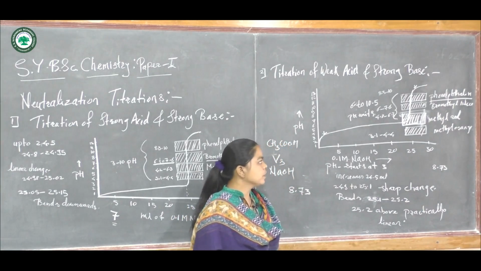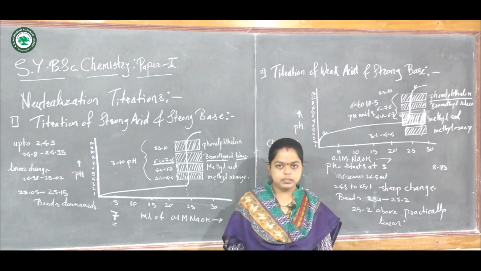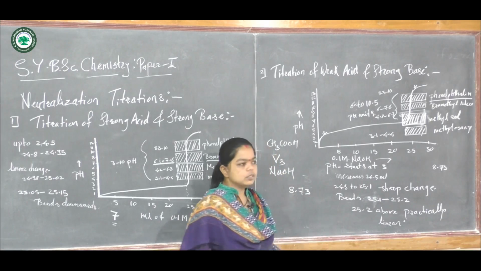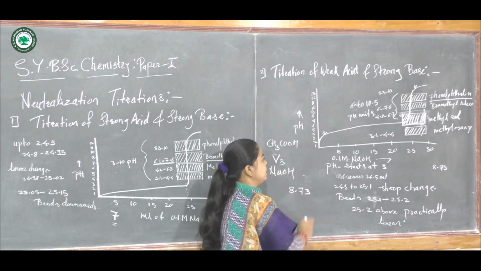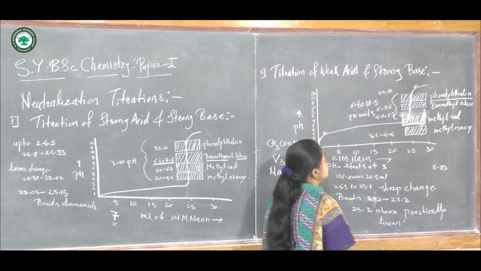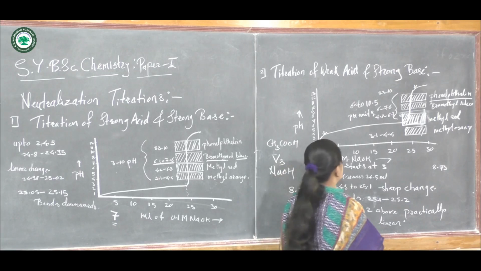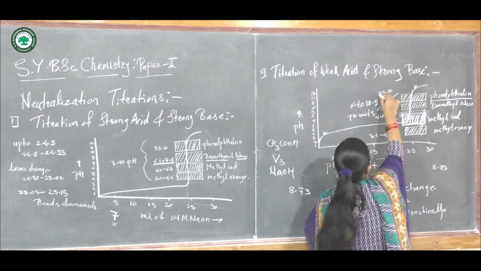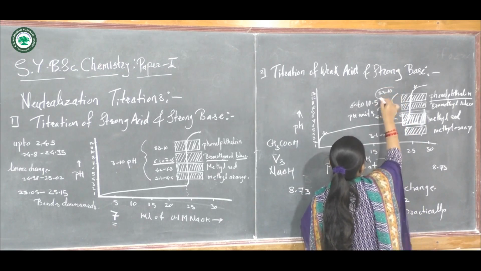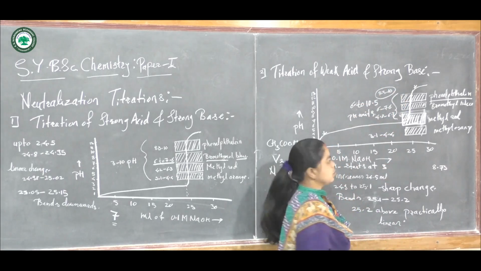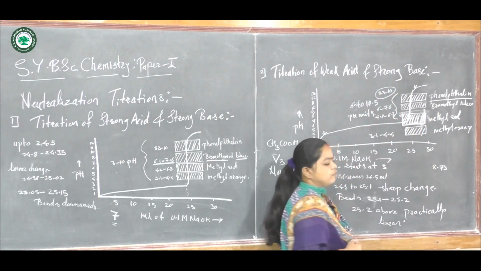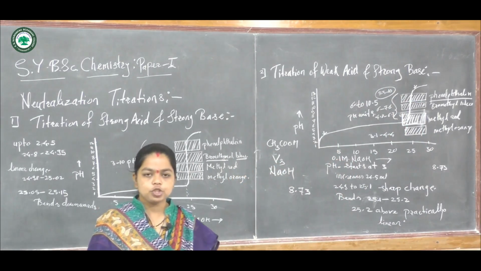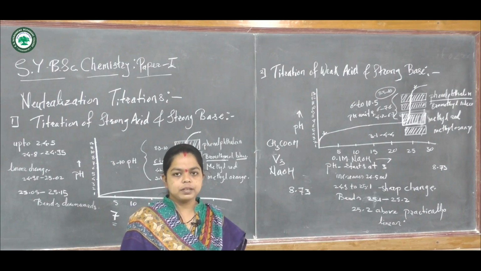But if we want to choose the best indicator for this titration, the exact pH value is 8.73, which comes under the pH range of phenolphthalein. So phenolphthalein is found to be the better indicator for this titration of the strong base and weak acid.